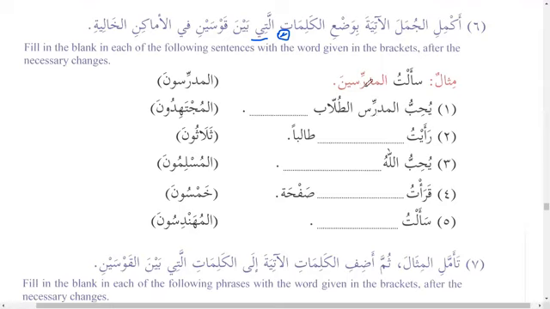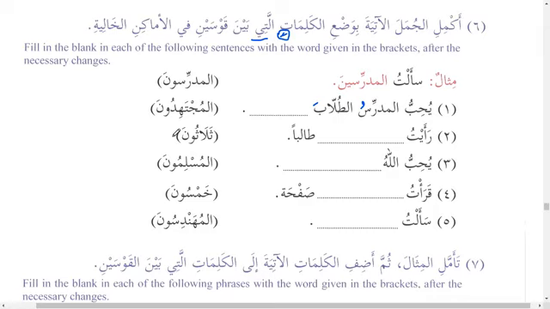Excellent. Okay. يحب is a verb, المدرس is fa'il, and الطلاب is مفعول به, المجتهدين is sifa of الطلاب. The students, yeah. So here at-tullaba, and the sifa is al-mujtahidina. يحب المدرس الطلاب المجتهدين. The teacher likes the hardworking students.